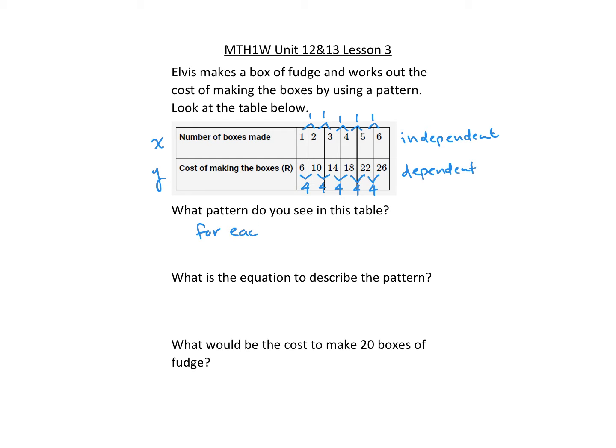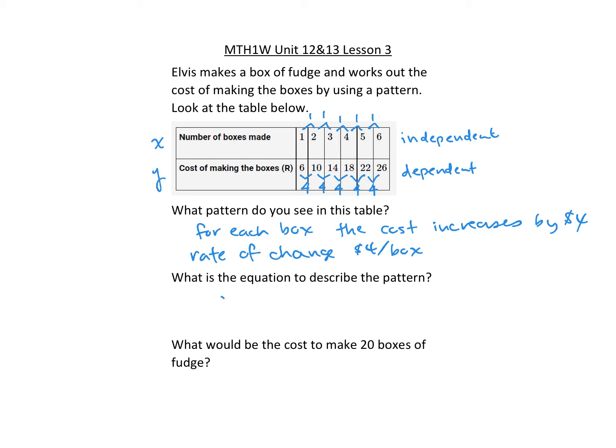So for each box, the cost increases by $4. So this would be considered my rate of change. My rate of change is $4 for each box.